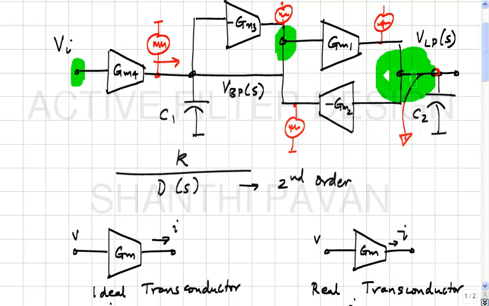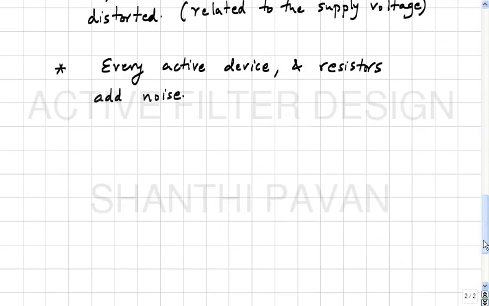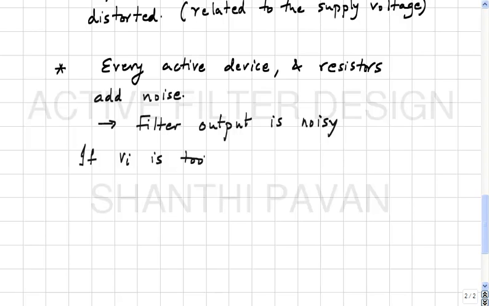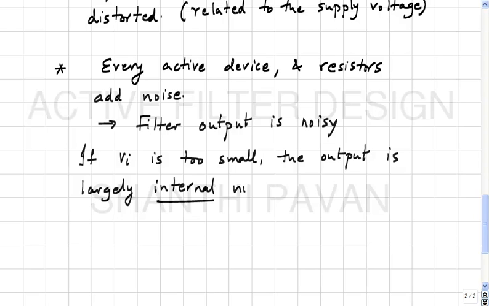So in other words, the filter output is noisy, and if Vi is too small, the output is largely internal noise generated by the filter. Does it make sense?